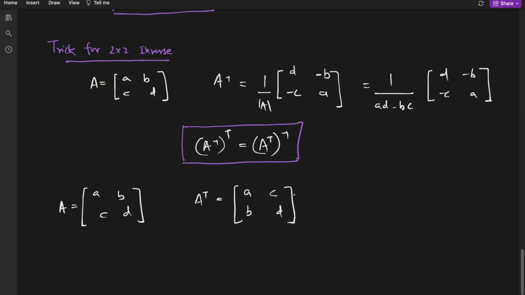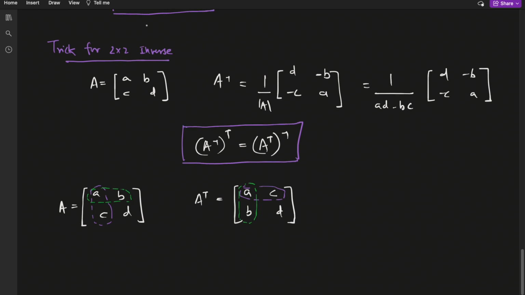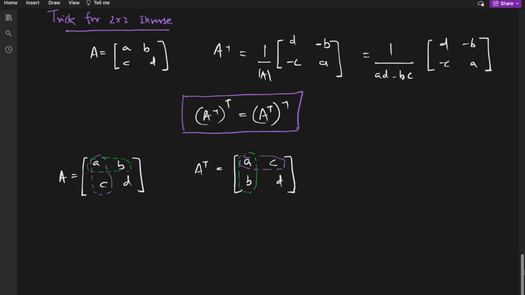So the columns become rows, the rows become columns after transpose. Similarly, this row AB after transpose becomes a column. So this is what transpose is. Nothing big, nothing interesting in that, but yeah.